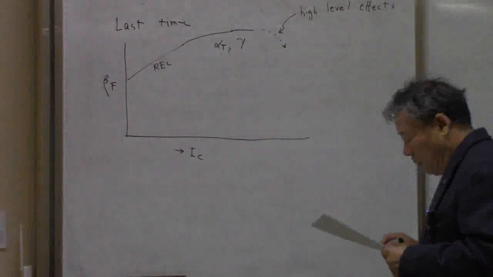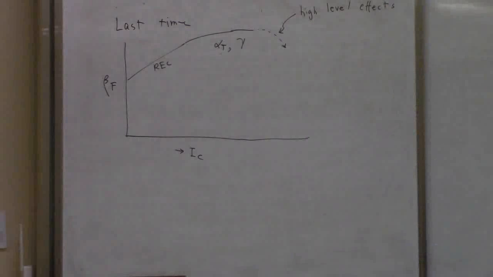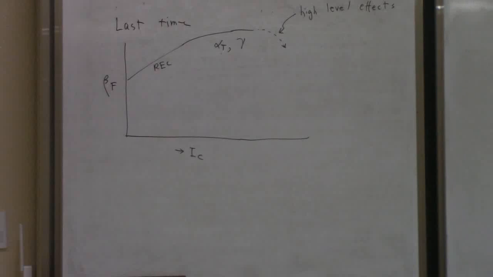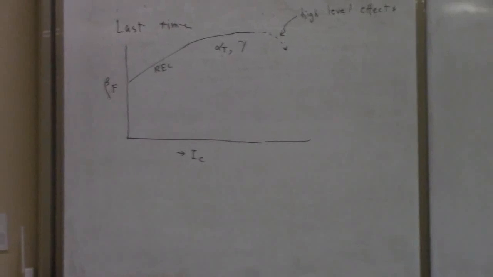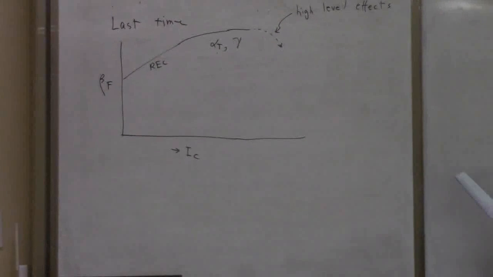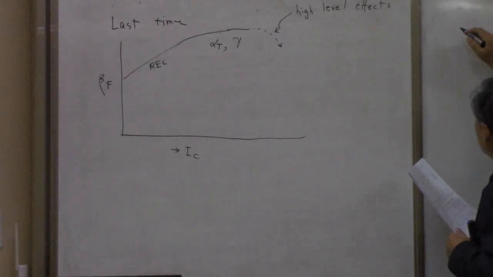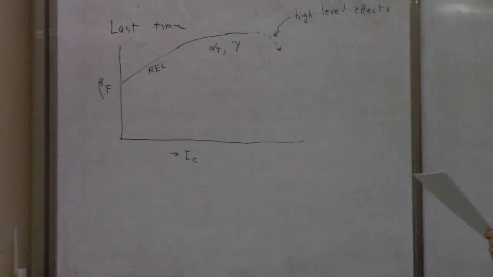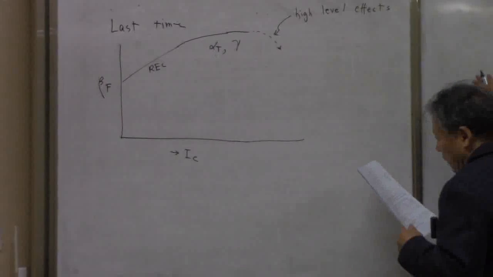Okay, so today we are going to discuss the beta roll-off, the decrease in beta when the collector current is high level collector current.